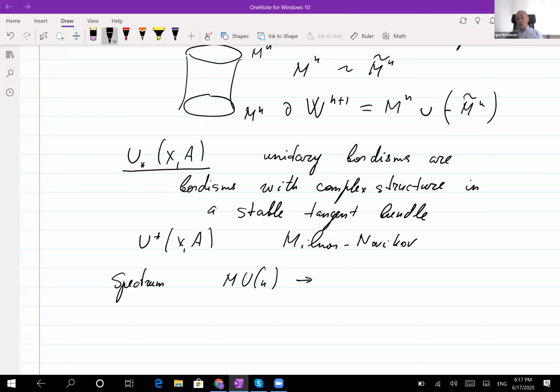The Thom space is what? You take a bundle, the associated bundle of disks, with boundary spheres, and factorize by the spheres. So this is the Thom space of the universal U(n) bundle, and they provide the spectrum for unitary cobordism.